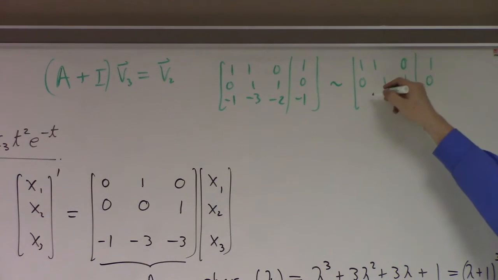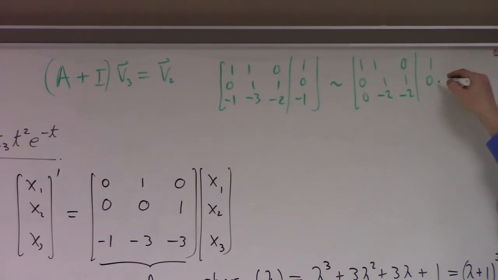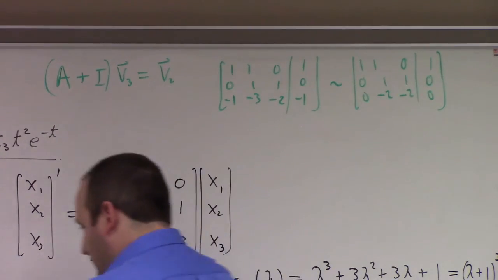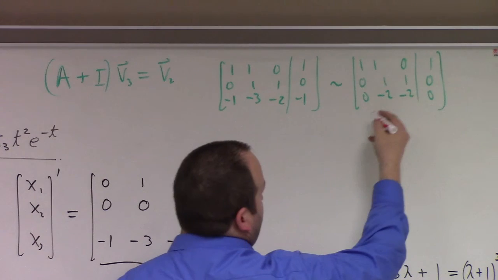Adding these two gives us 0, minus 2, minus 2, 0, right? So the equations which govern v3, I don't need to do further row reductions. I can see it from here.